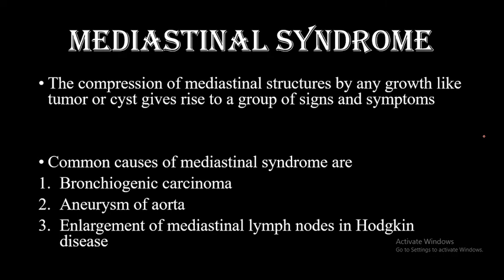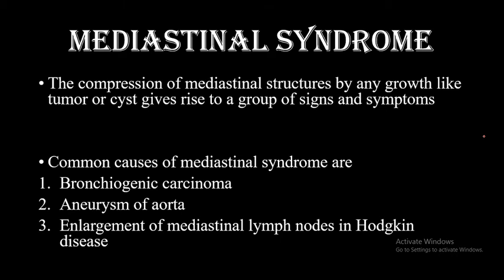Now the second clinical condition is called as the mediastinal syndrome. Okay. Now the compression of the mediastinal structures by any growth like a tumor or a cyst gives rise to a group of signs and symptoms. The common causes of mediastinal syndrome are the most common cancer of the lung, that is a bronchogenic carcinoma.